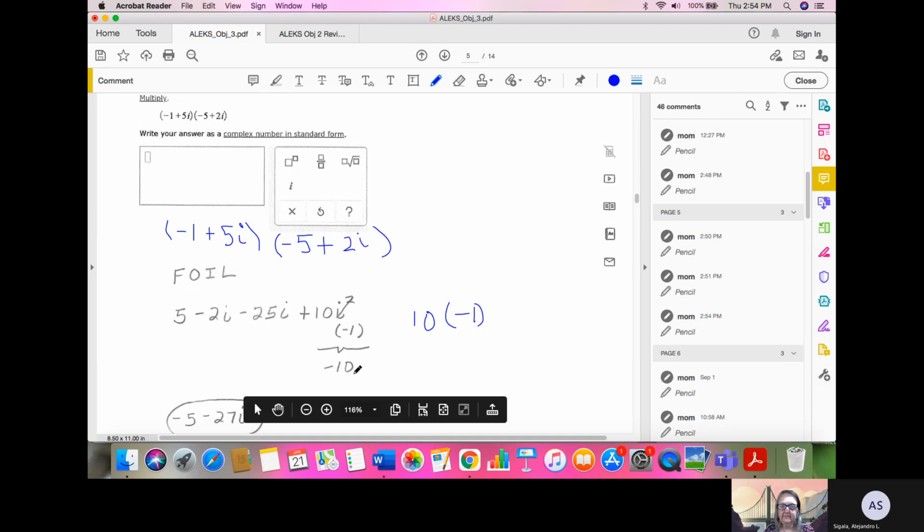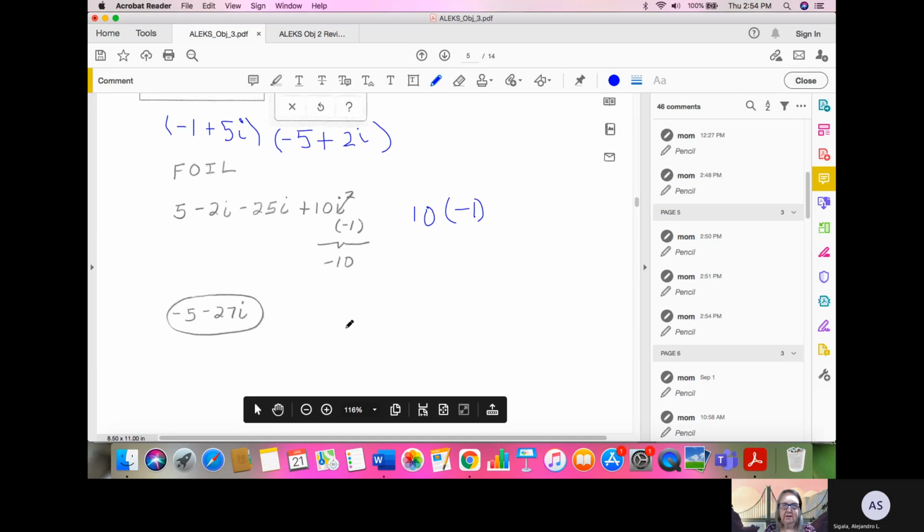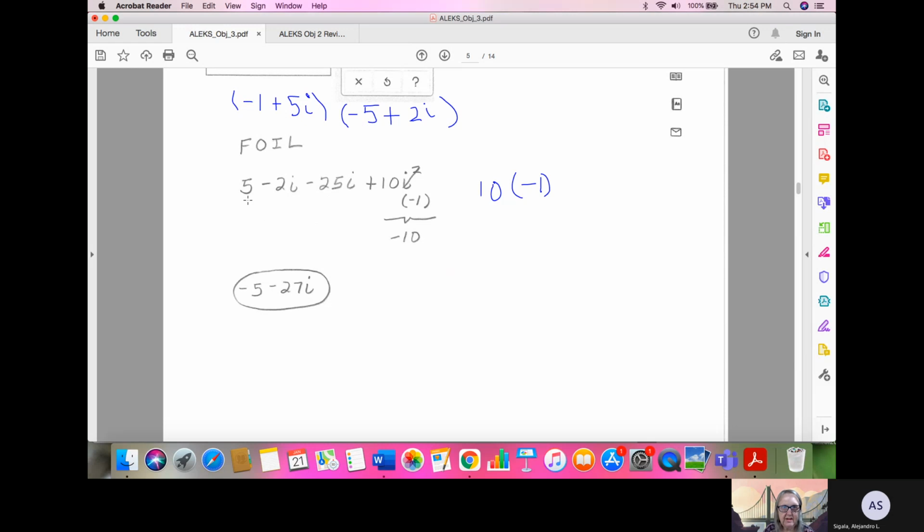Yes. So now we want to combine like terms. The first thing we can combine is just the numbers. We have 5 plus a -10. So that's 5 minus 10, which is -5.